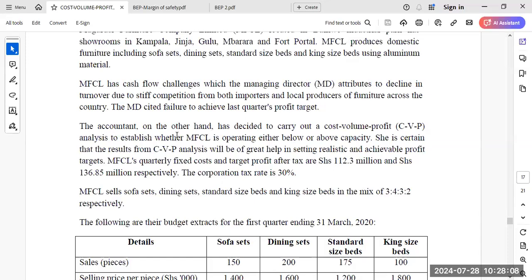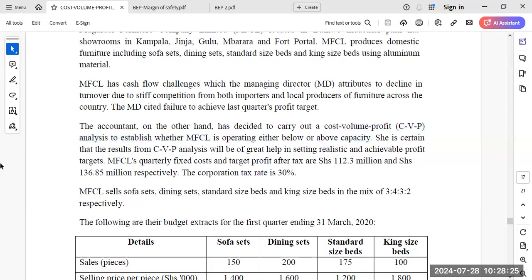The accountant, on the other hand, has decided to carry out a CVP analysis, that is cost volume profit analysis, to establish whether this company is operating either below or above the capacity.